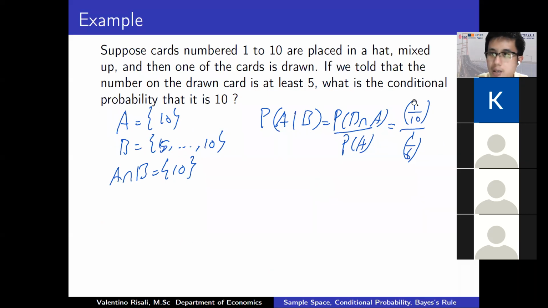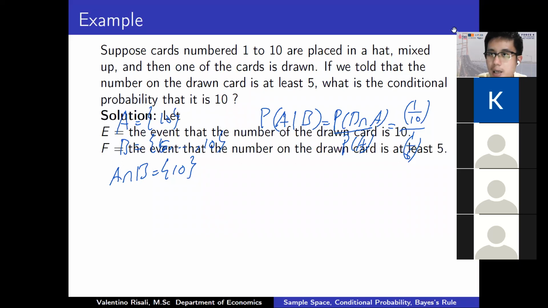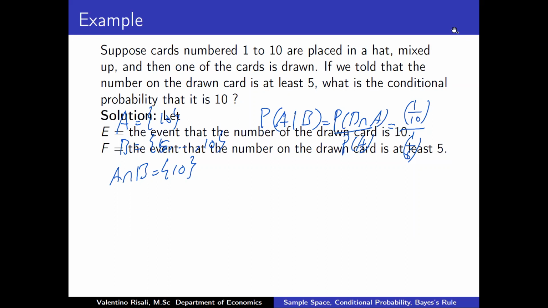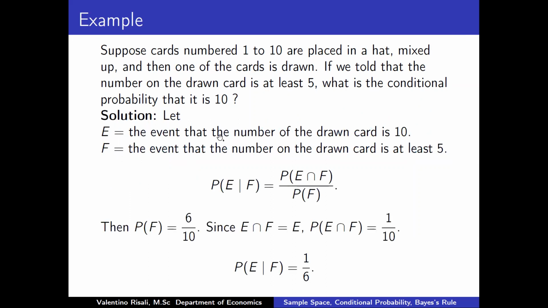Thank you, Sally, for your sharing. In conclusion, it is important to define the event first, and we must use the right notation. It is different if we talk about the probability of F given that E. It can be different, so we must be careful about this statement.